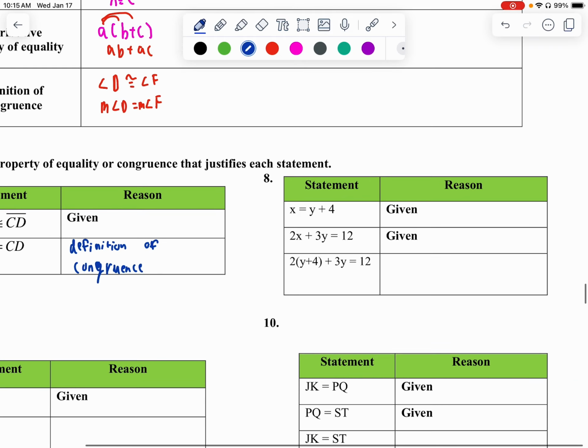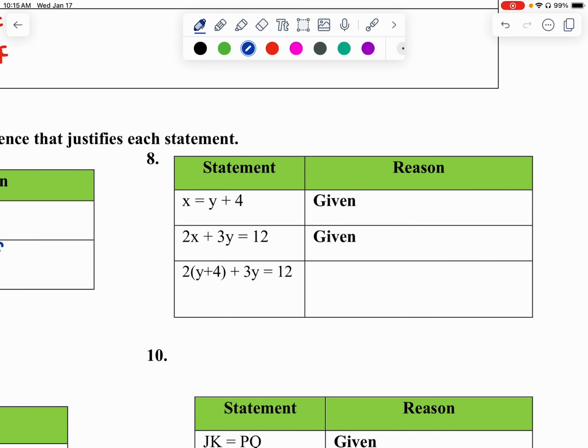Next up, number 8, we have two things that are given to us. It says x equals y plus 4, 2x plus 3y equals 12, and then it does this big jump, 2 times (y plus 4) plus 3y equals 12. What I'm always trying to do in these questions is see what changes. And what changes from box 2 to box 3 is that instead of an x, all of a sudden, I've got a y plus 4.